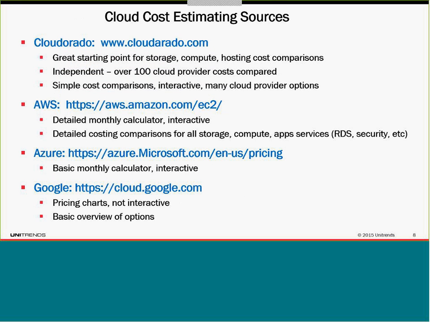Now, these are fairly straightforward to estimate at a high level. The slide I showed you, I actually built from an independent website called Alvarado. You can see the web URL for Alvarado on the screen now. It's a great starting point for comparisons across many vendors. Over 100 public cloud providers are included in these costs, if you choose to use that many.